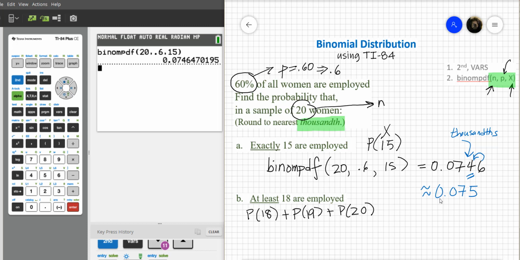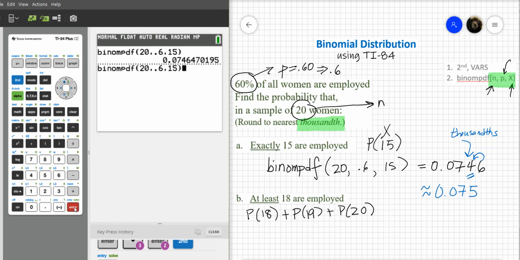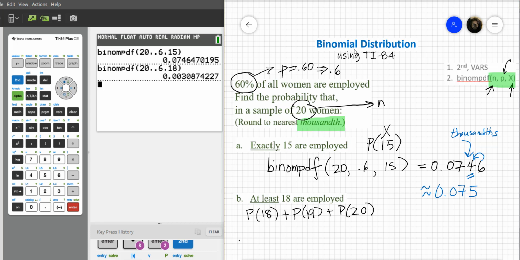To use binomial PDF, you actually don't even have to go back to the menu. You can just reuse what you already have. You do second, enter, then use the left arrow to go over to the 15, change it to 18, and then hit enter.